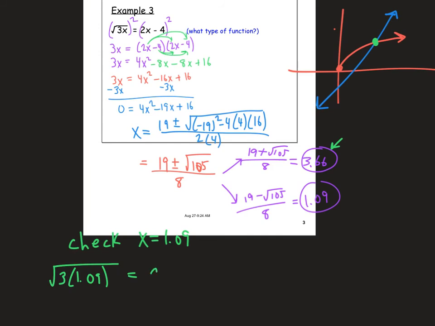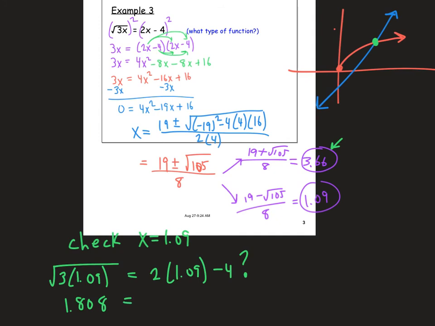Does that equal 2 times 1.09 minus 4? Right, so I'm just checking these out, getting my handy calculator here. The square root of 3 times 1.09 is about 1.808 approximately.